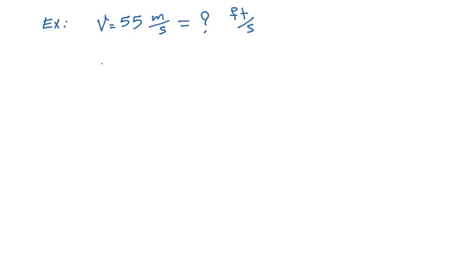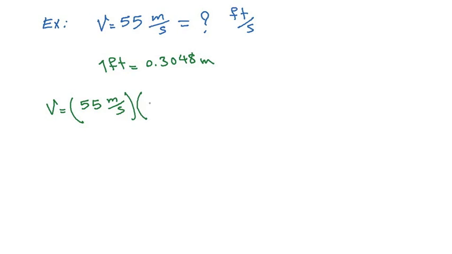We know that 1 foot is equal to 0.3048 meters, and now we have to multiply this number by an expression with meter unit in denominator, so they cancel each other, and feet unit at numerator.